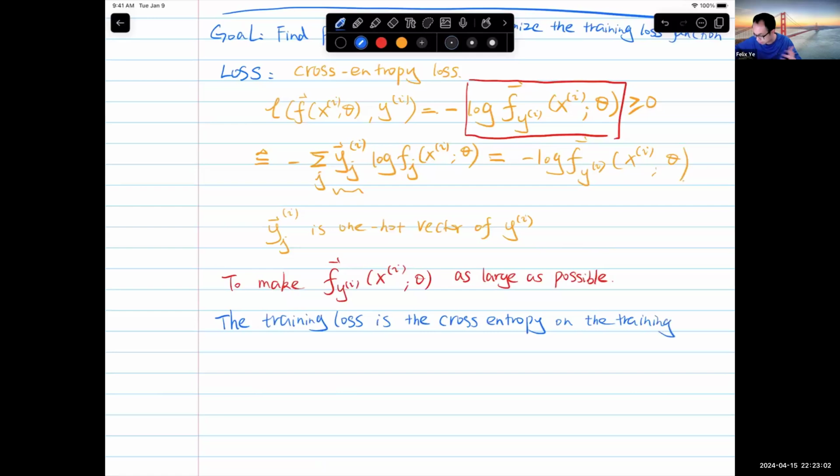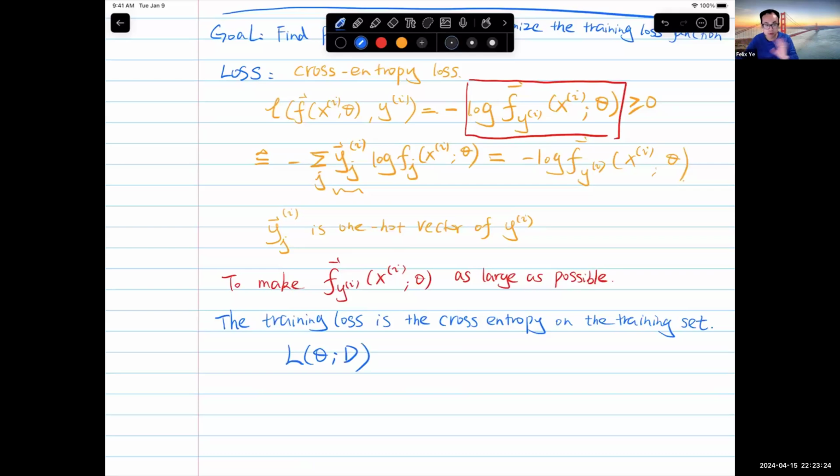Here I showed the cross entropy on a single training data point, but of course we need to sum them together and take the average. The loss is always a function of theta.